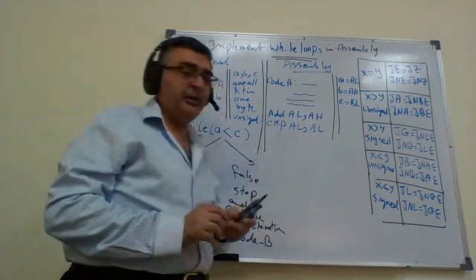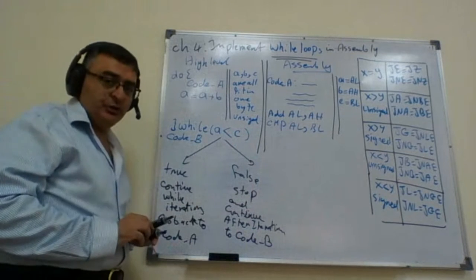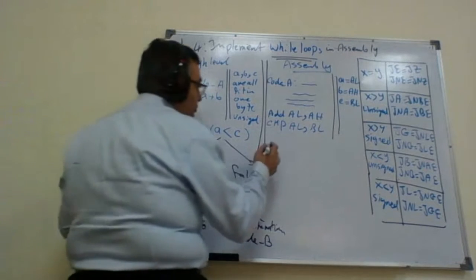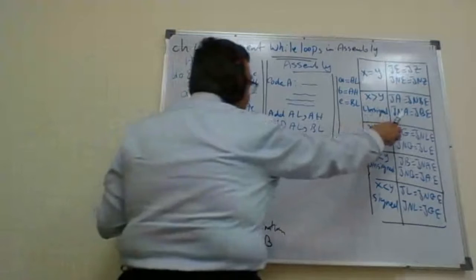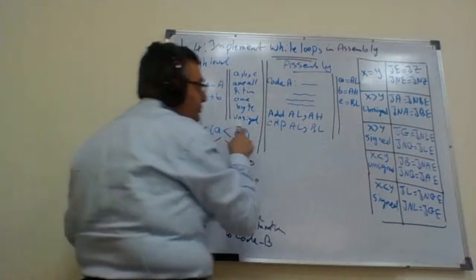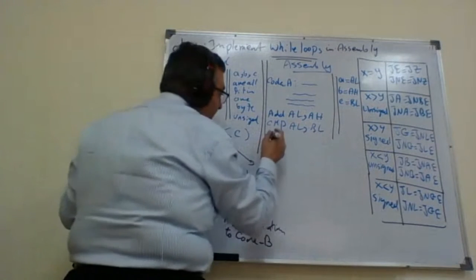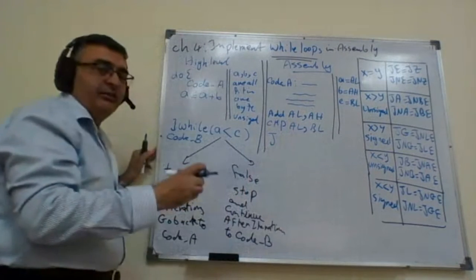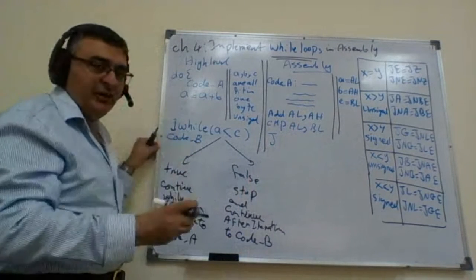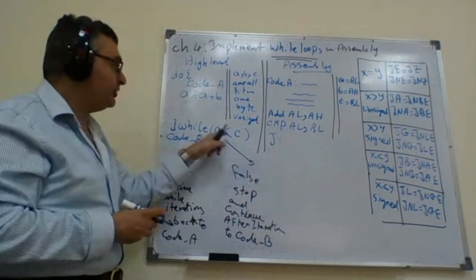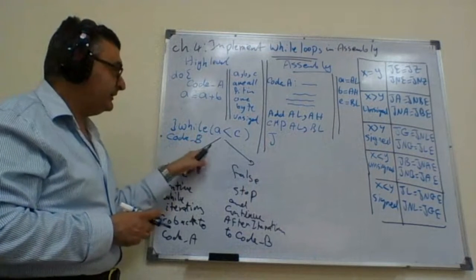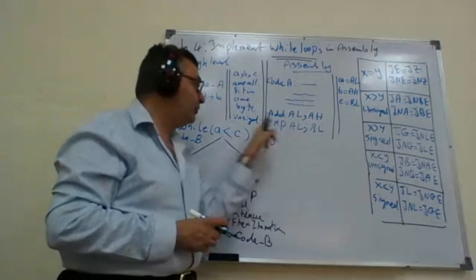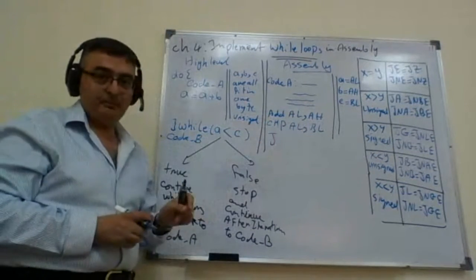Now, after the compare, I have to directly use a jump instruction. The question here is which jump instruction to use. From this table, I'm talking about unsigned numbers, and remember that the jump instruction will jump if the condition is evaluated as true. The condition I want to check is whether AL is smaller than BL or not.